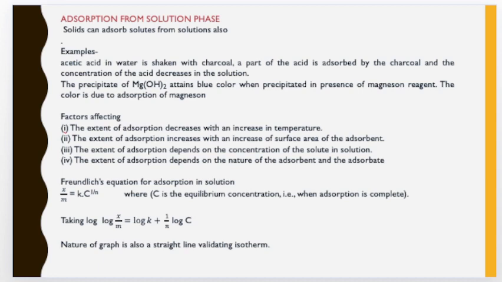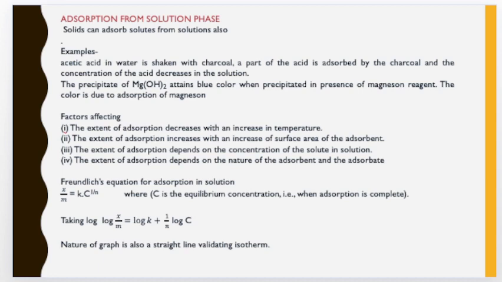In case of adsorption from solution phase, the extent of adsorption will depend on the concentration of solute in the solution. Depending on the amount of the solute in the solution, the adsorption will take place accordingly, and it will also depend on the nature of the adsorbent and the adsorbate.